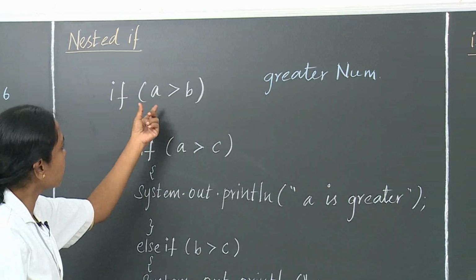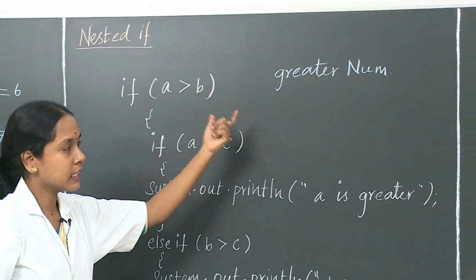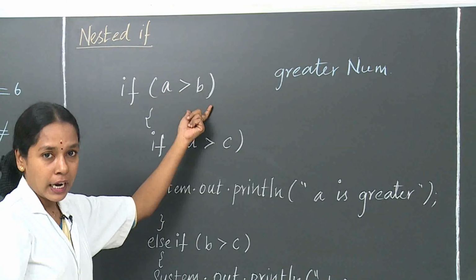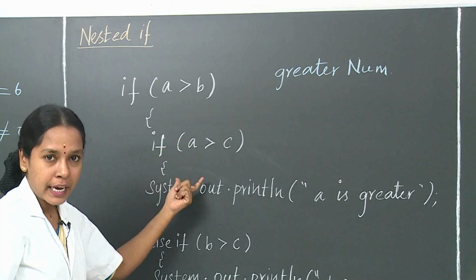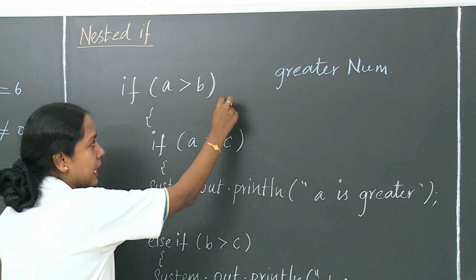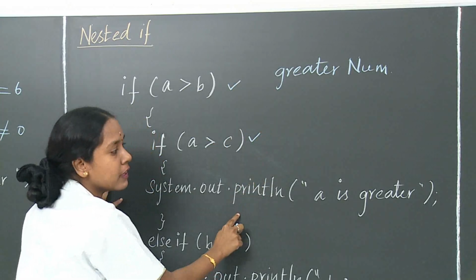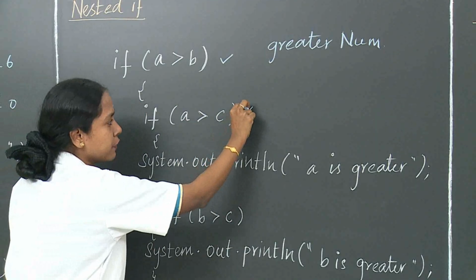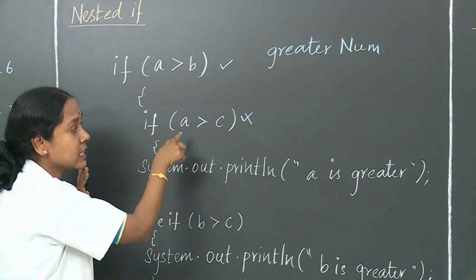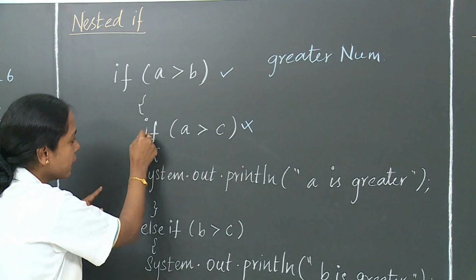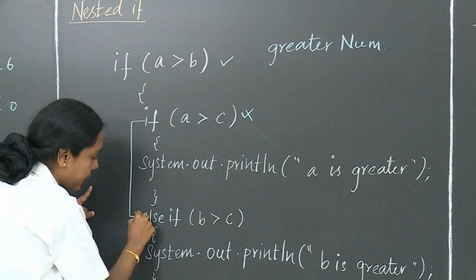I am going to consider A, B and C. First I have to compare A with B and also compare A with C. If both statements are true, A is greater. If this statement is false, that is A greater than C is false, it will move to the else if statement.